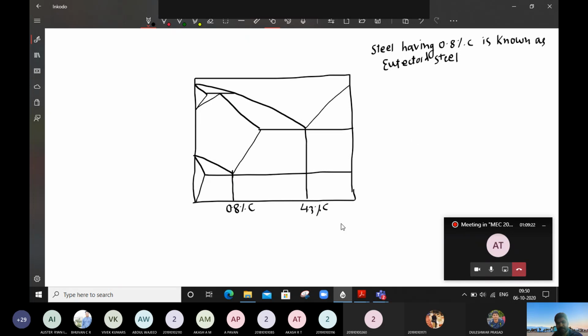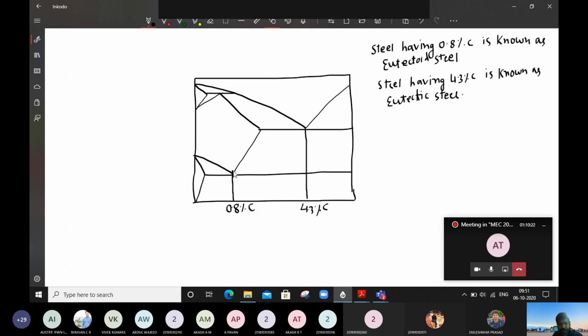So steel having 4.3% carbon is known as eutectic steel. So this represents eutectic steel.